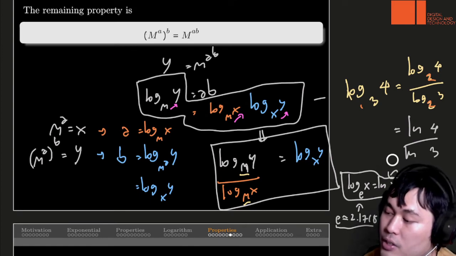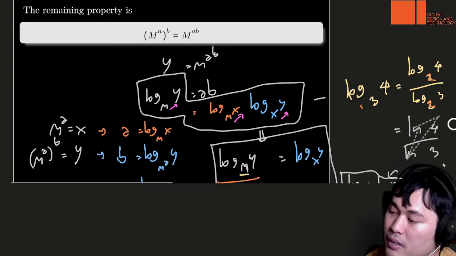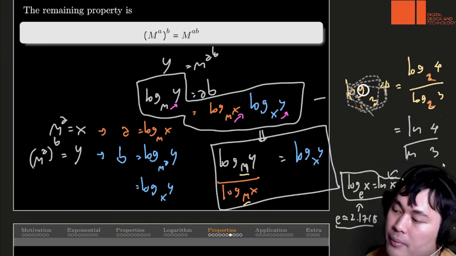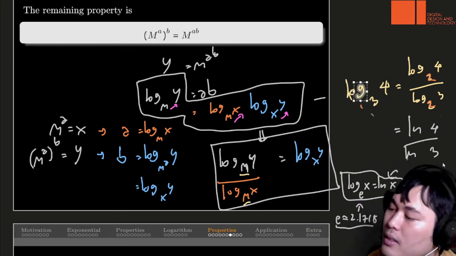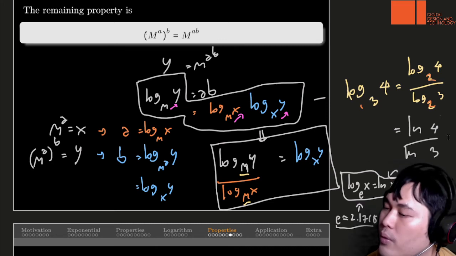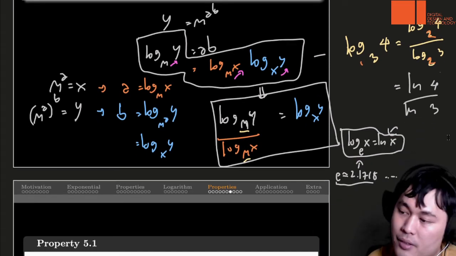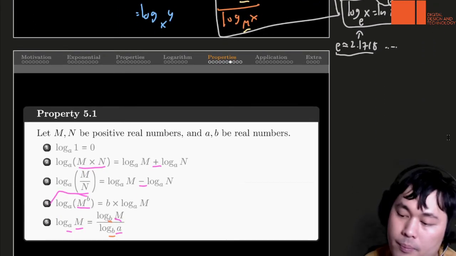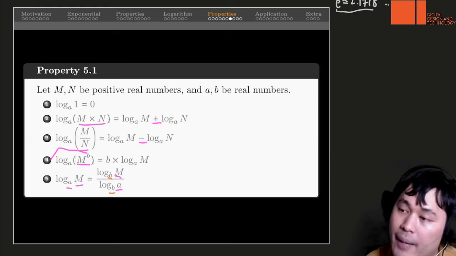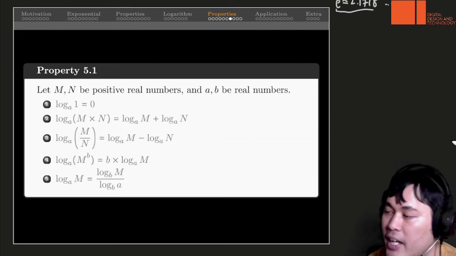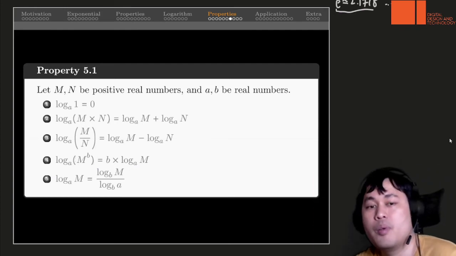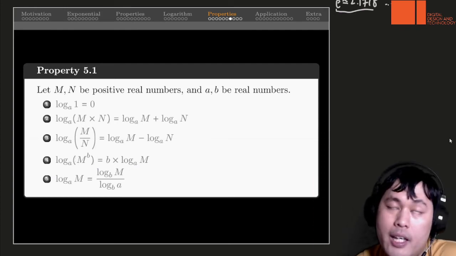This is used a lot, so it is better to convert the base of logs that we are not familiar with into ones that we can work with. So these are all the properties and all the proofs of them. To recap, these are the 5 properties that mimic the 5 properties of exponential functions that we already had.